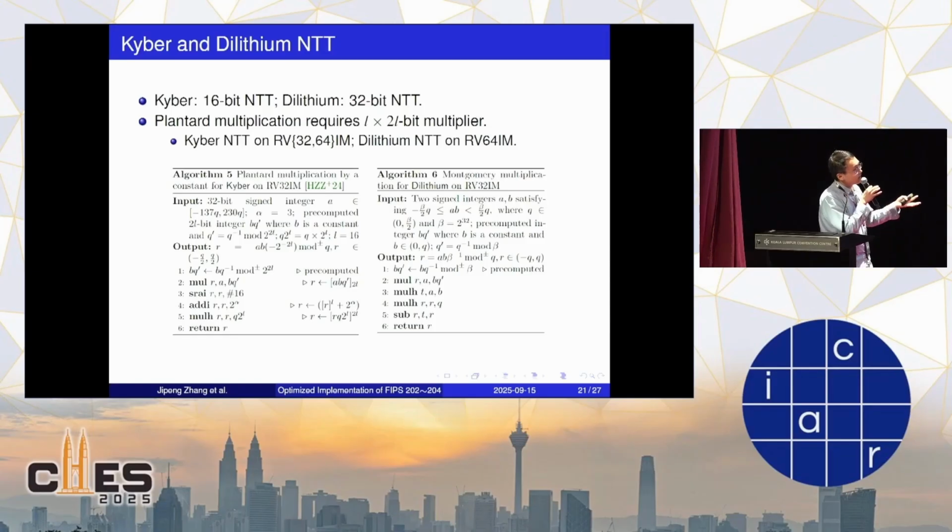So here, the Plantard method will be faster. So we will prioritize the Plantard multiplication. For the scenarios where Plantard can be used, we will use Plantard. For others, we will use the Montgomery method.